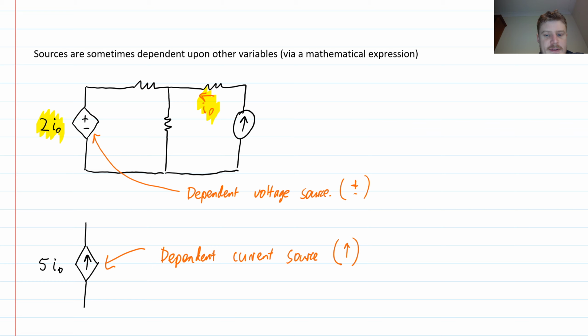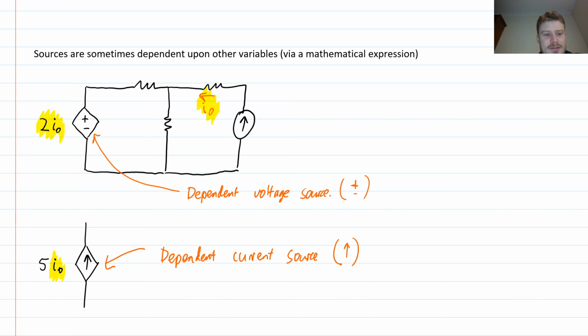So these examples here are controlled by a current value. I know that it's a current value because I'm using the variable I, which by convention will be current. Also, I could read the rest of the circuit and observe that it's annotated in that way. So we could call these current controlled sources.